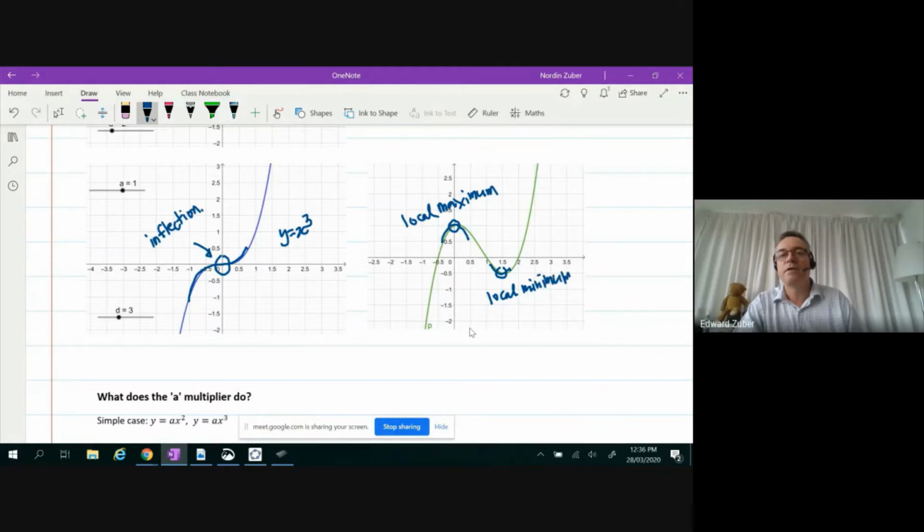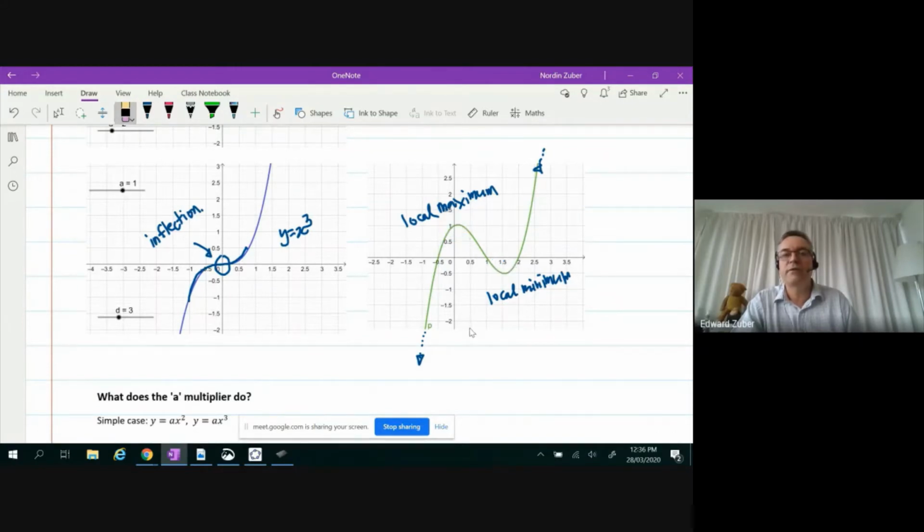We use the word local because it's not actually the maximum value. We can see this function's going on forever and there is no minimum. This one's going on forever, but just in this area here, it is a minimum, and just in this area, it is a maximum. Now, in case you're wondering where our inflection point has gone, it's still there.